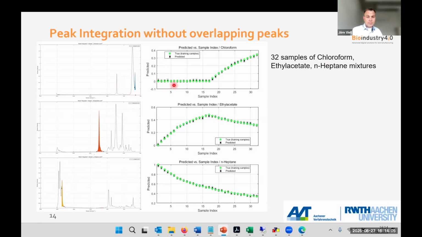You see here in these plots, the predicted values in the back very much resemble the true concentrations, indicated by green stars. But as you can imagine, if it becomes more crowded, it will not work that effectively.